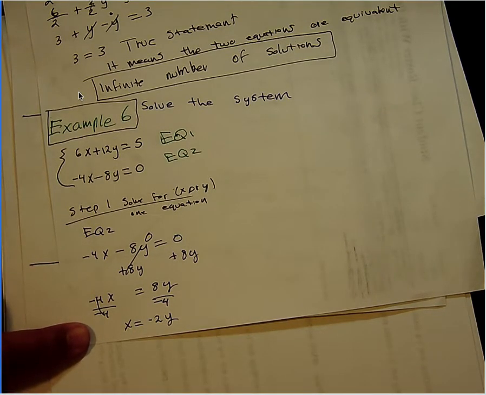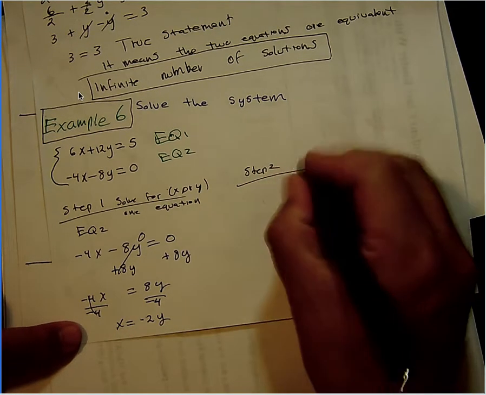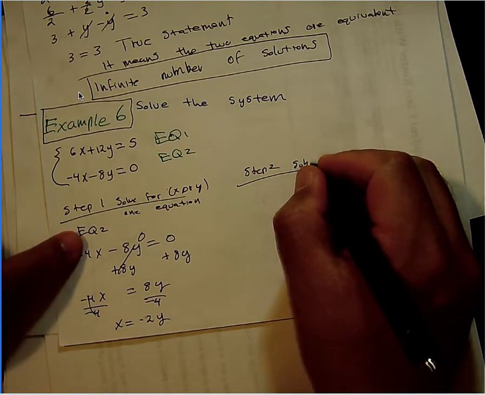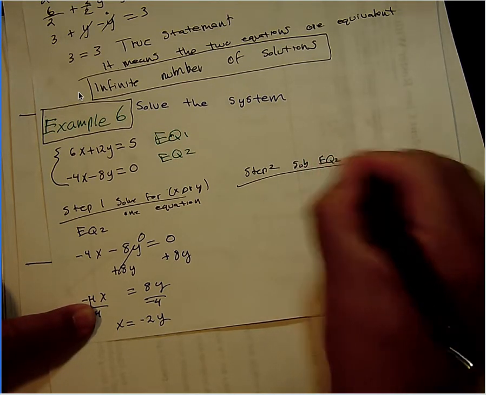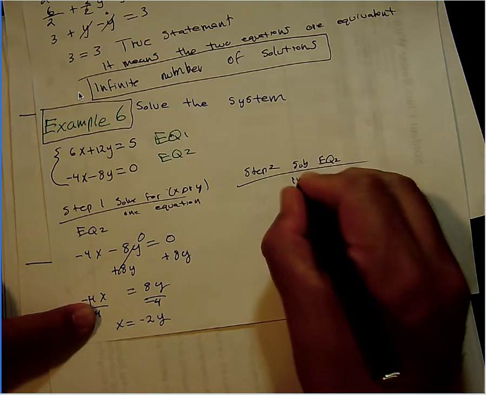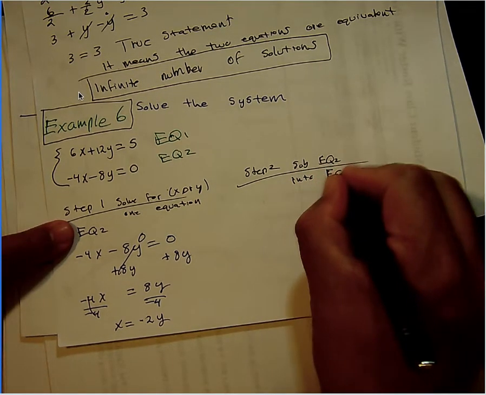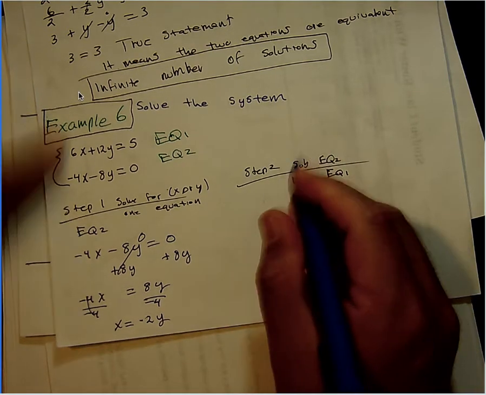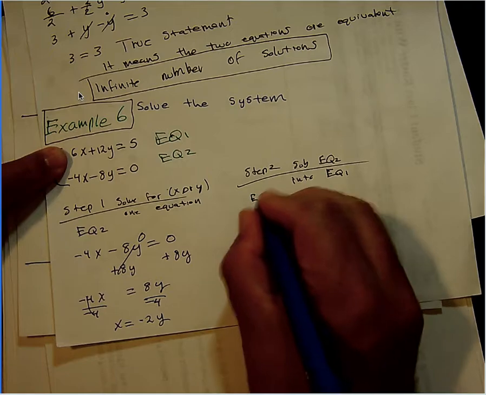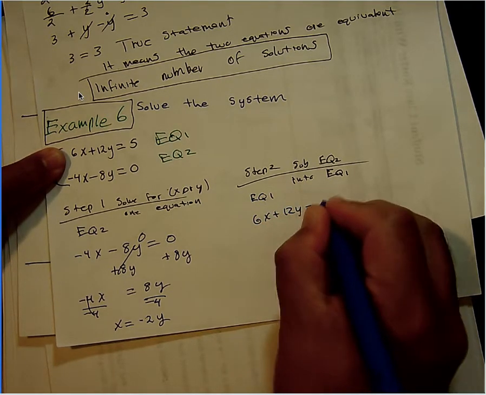So for step 2, that's when we sub equation 2 into equation 1, which is this one. So let's copy equation 1 first. 6x plus 12y equals 5.